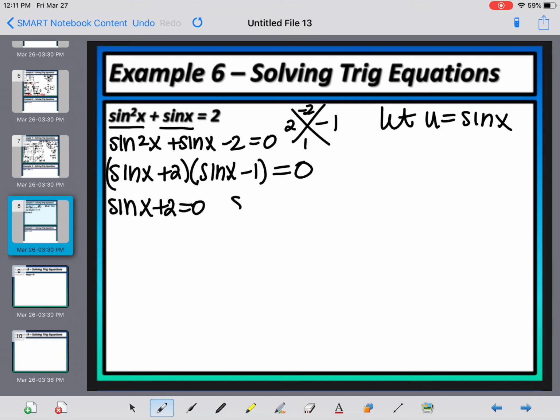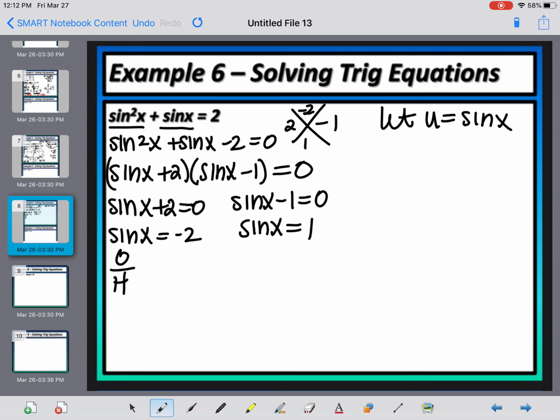Okay, so two equations. Sine of x plus 2 equals 0. Sine of x minus 1 equals 0. Okay, so sine is opposite over hypotenuse. So this ratio would have to be negative 2 over 1. Okay. Do you have a triangle that has a hypotenuse of 1 and an opposite side of negative 2?